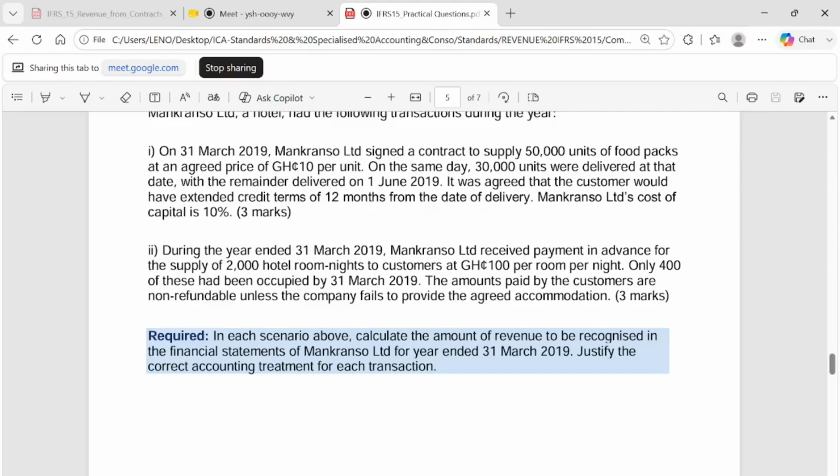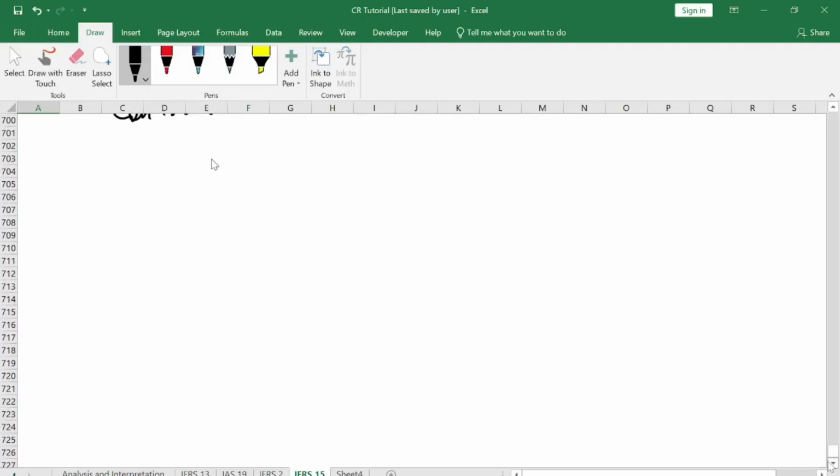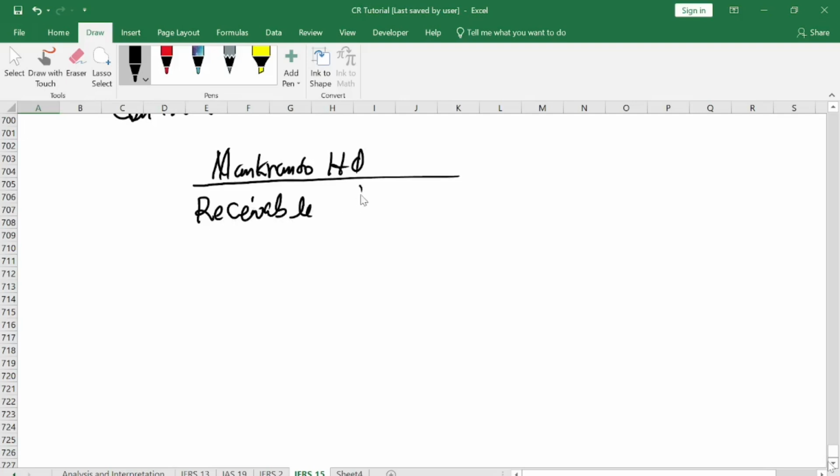So how do we resolve part one? The company name is Mancranso Limited, and the nature of this contract is a receivable. I said that is a contract in arrears, which I've already explained; it's an arrears payment. So how do you deal with the matter?